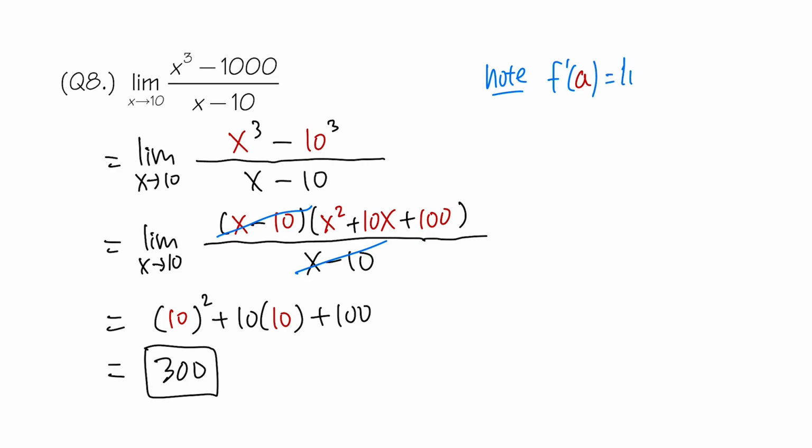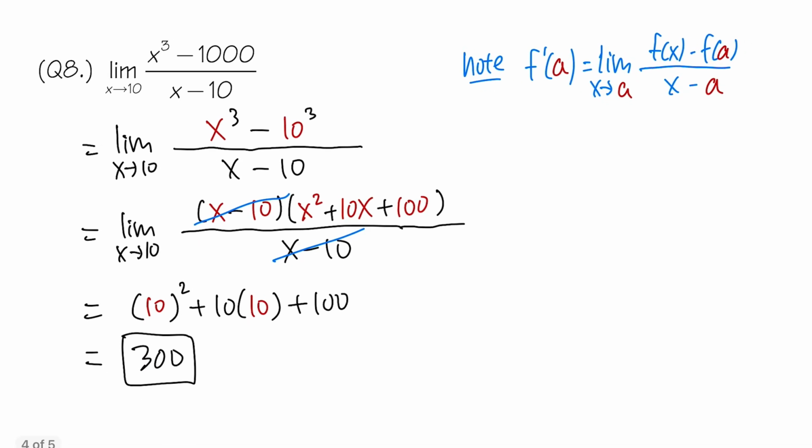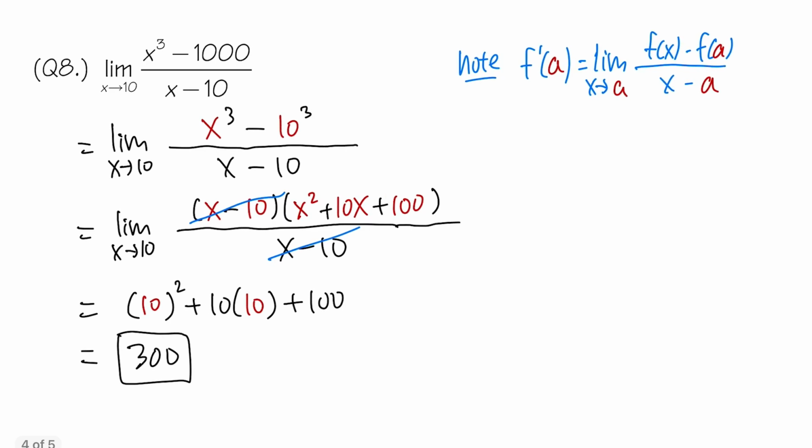This right here is the limit as x approaching a of f of x minus f of a over x minus a. It's pretty much like the slope formula. And now for this, we have the limit as x approaching 10 of x to the third power minus 1000 over x minus 10.